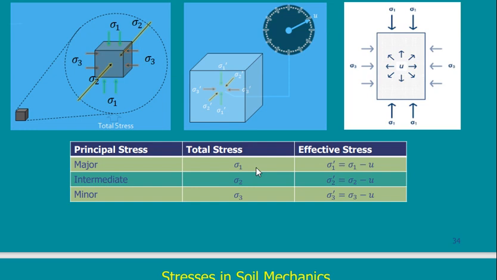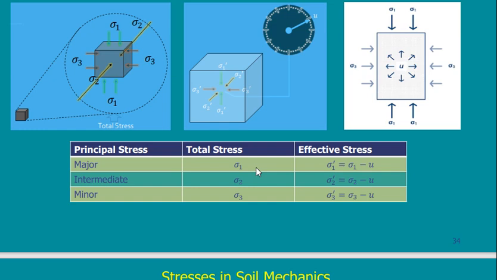What is carried by water and what is carried by the soil? I don't know. I can assume at the beginning that 50 kilos will be carried by the soil, and 20 kilos will be carried by water. So the effective weight going to the soil is not 70, it's now 50, because water carried 20 kilos.